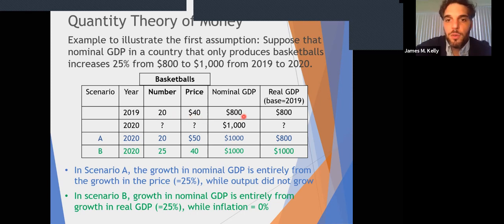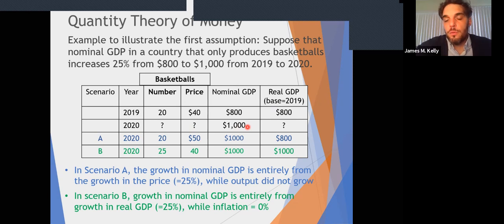Being that the base year is 2019, real GDP is also equal to $800. Then let's say, we don't know where the source is coming from, that in 2020 nominal GDP increases to $1,000.